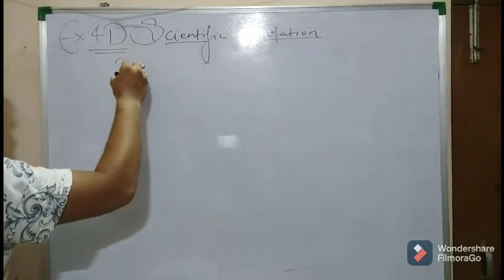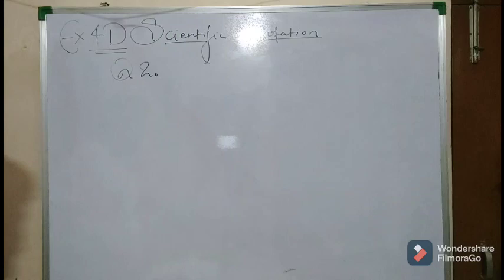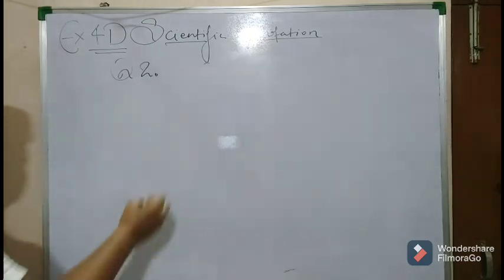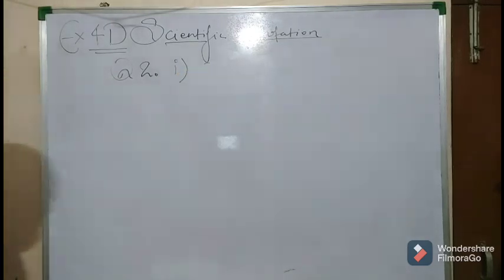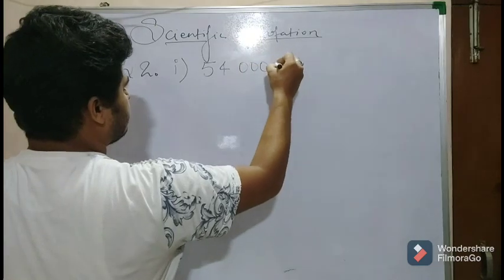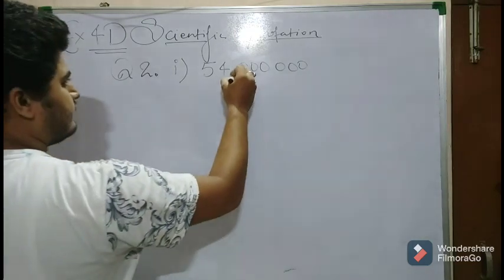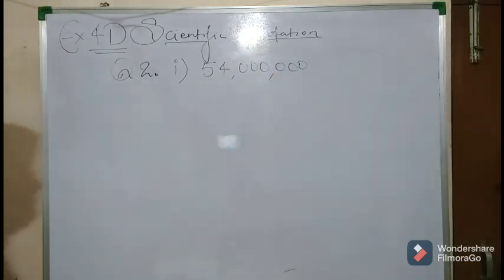Now in question number 2, it is saying complete the following. Some number is written on the left hand side, then there is an equal to, and on the right hand side it has been converted into scientific notation. So we have to complete it. Like in the first part, it is saying 54 and 6 zeros.